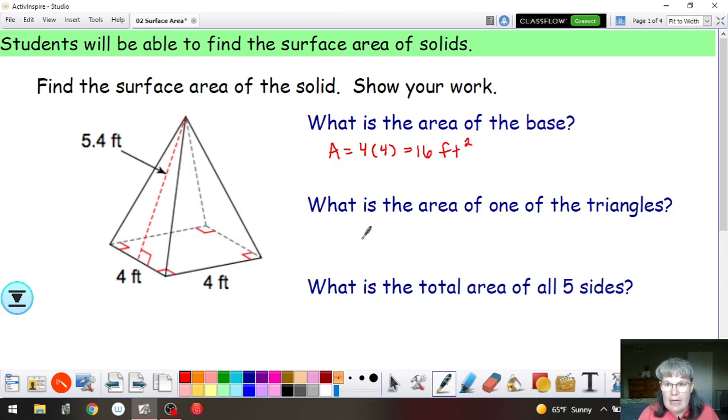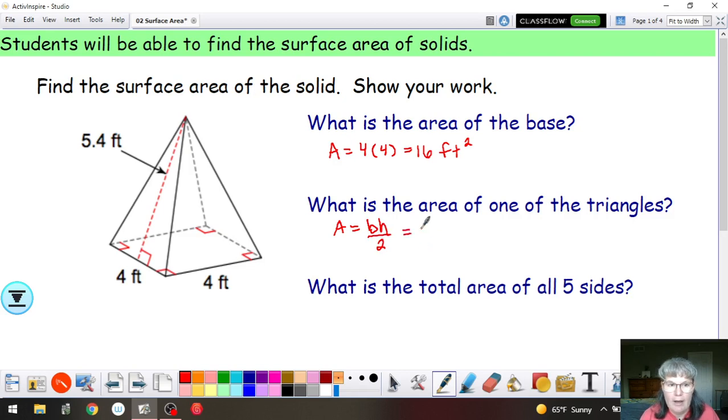Then we're asked what's the area of one of the triangles. Since our base is a square, all of the triangles have a base of 4, and they're going to have a height of 5.4. Now the formula for finding the area of a triangle is base times height divided by 2.